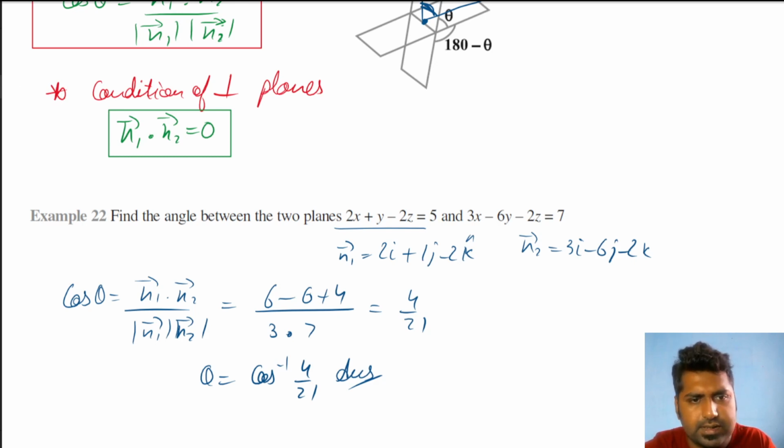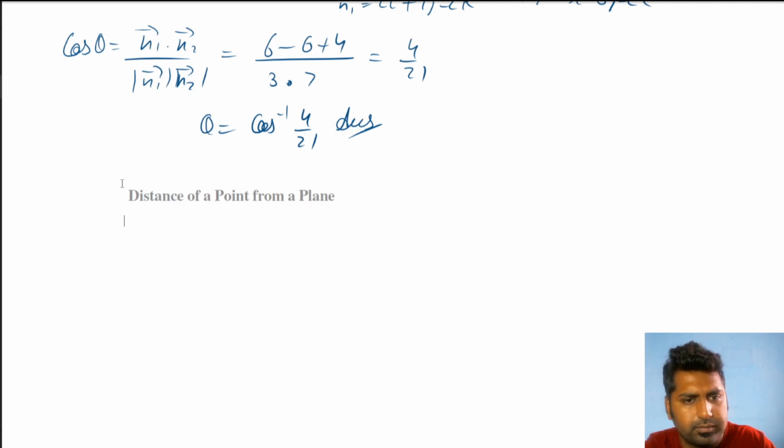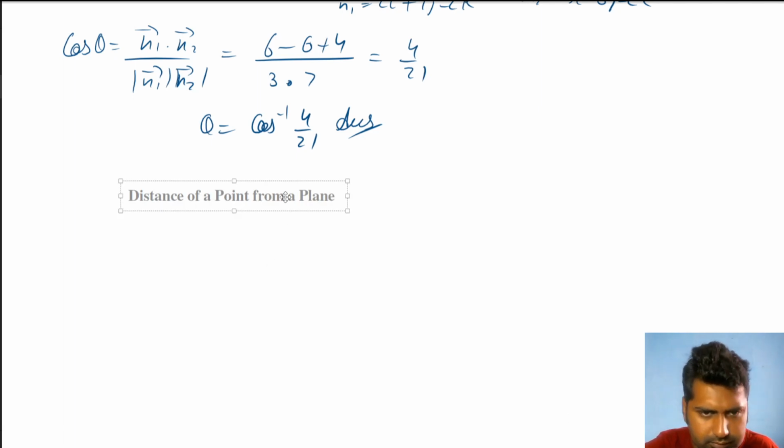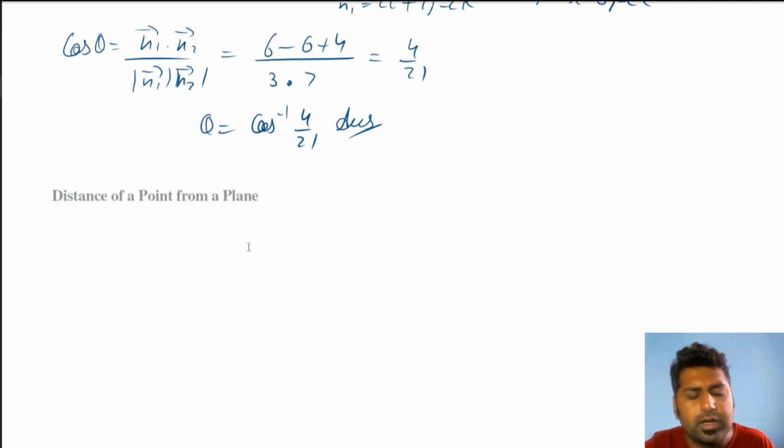Now next is the distance of a point from a plane. Very important form. Remember, we calculated the distance from the origin. We used the idea that the normal vector should not be there. There should be a unit normal vector. So in order to do that, we used to divide by the magnitude.